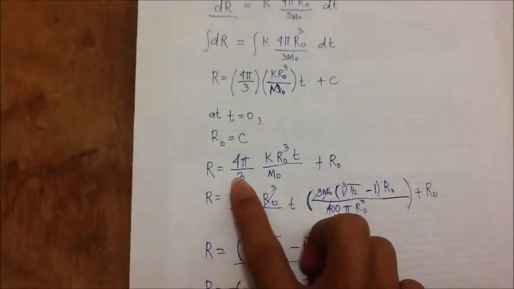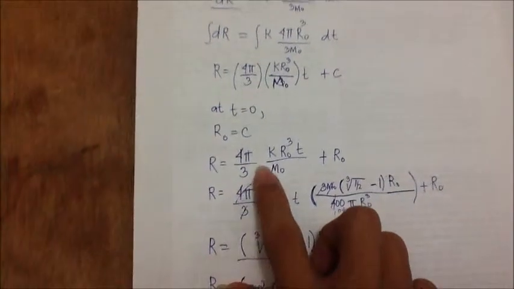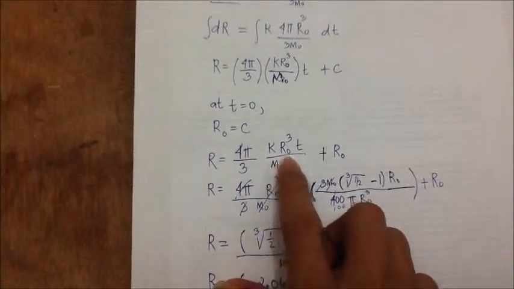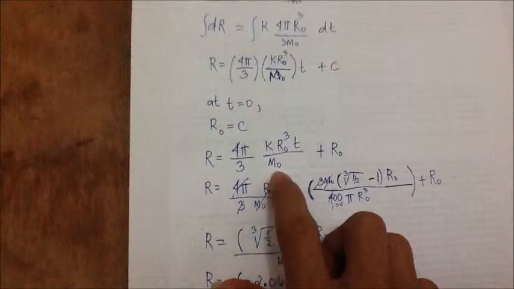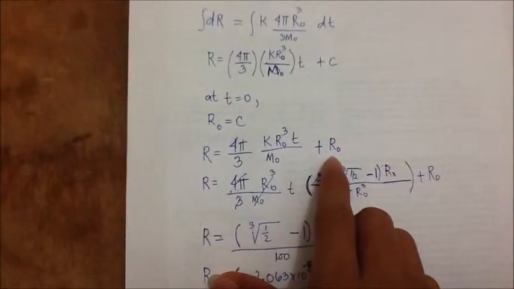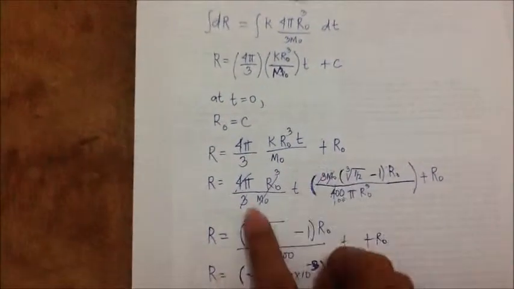So r is equal to 4 pi over 3 times k r initial cubed times time over m initial plus r sub o.